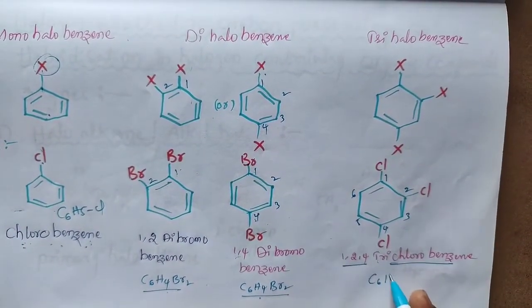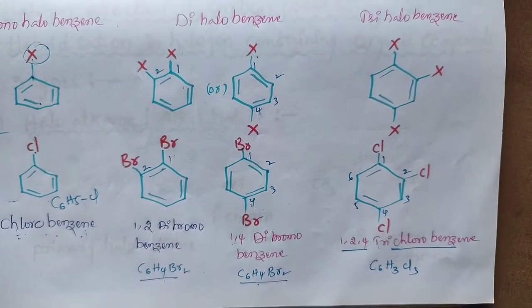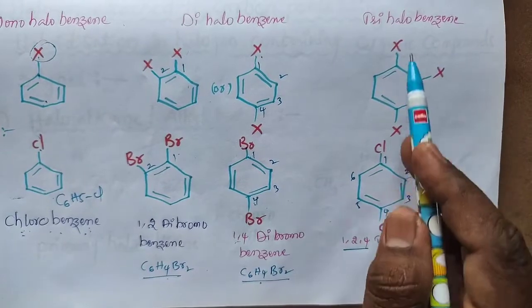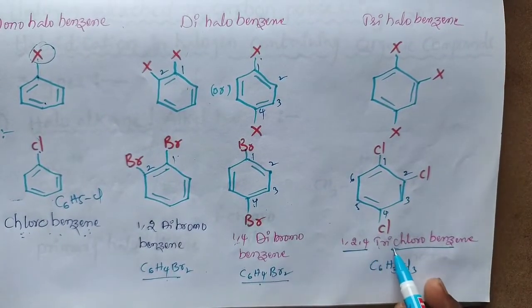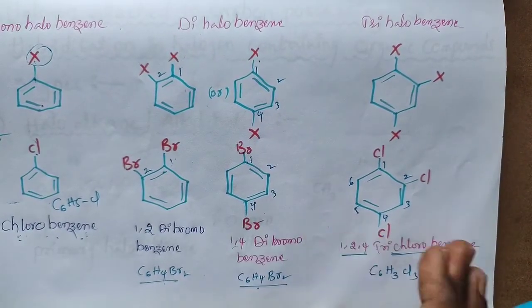Its formula is C6H3Cl3. So this is the classification based on the number of halogens.